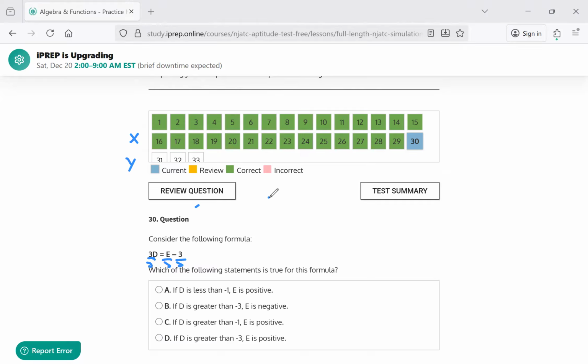So you get D equals E over 3, which is the same thing as 1/3 E, and then -3 over 3 is -1. That's much better. So it looks like our y is our D, and our x is our E.